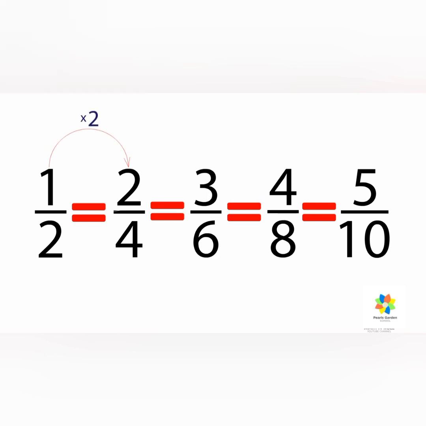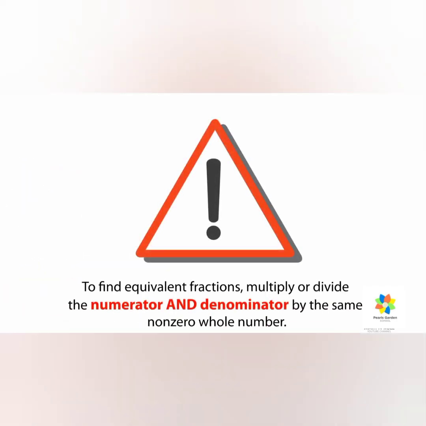That's because if I multiply 2 to the numerator and 2 to the denominator, it gives me 2 over 4. They're basically the same thing. I just have to multiply the same number to the numerator just like I would to the denominator. So when I multiply the same number to both the numerator and the denominator, it gives me an equivalent fraction.